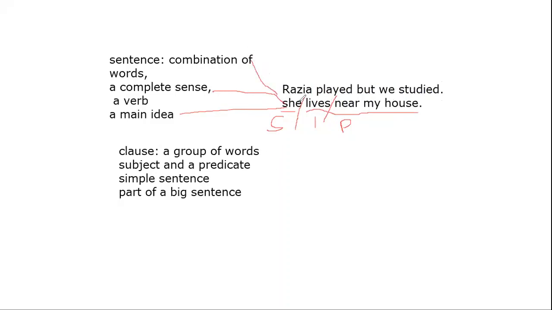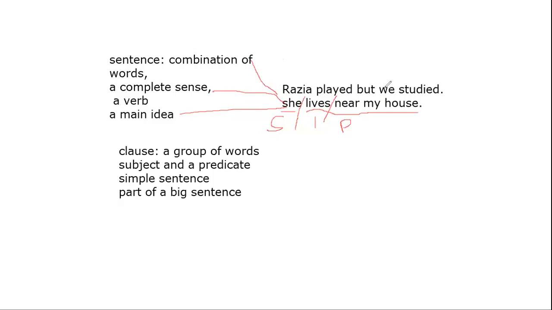Now look at this sentence. Razia played but we studied. In this sentence, you could see this but, remember you have done conjunctions in parts of speech, is joining two ideas.